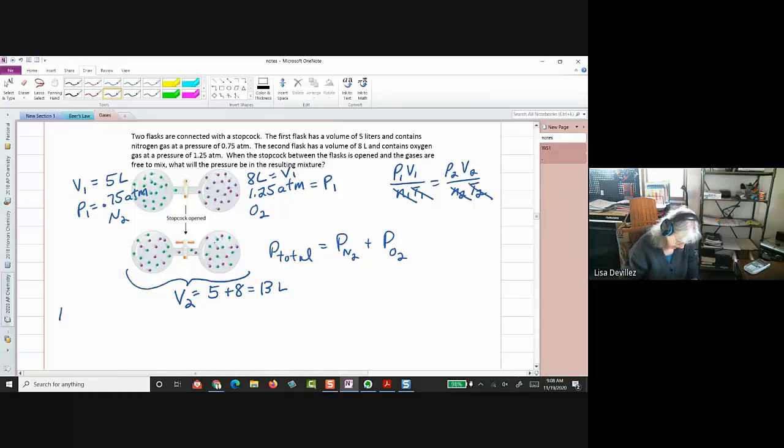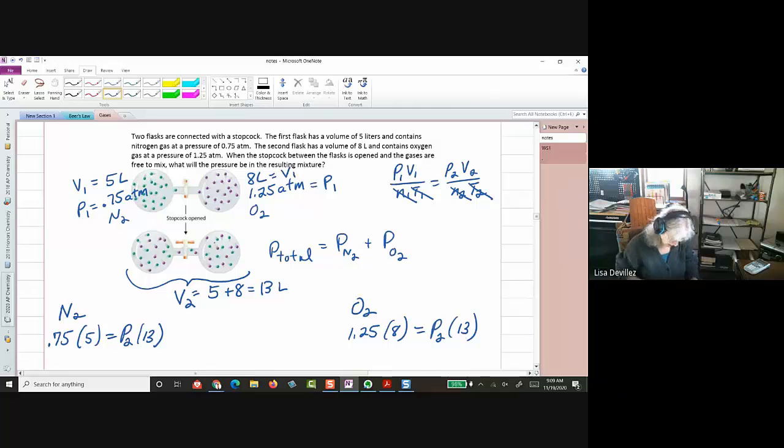For my nitrogen, I would have 0.75 times 5 is equal to P2 times my new volume, which is 13. And the same thing for the oxygen: 1.25 times 8, so P1V1 is equal to P2 times the new volume, 13.